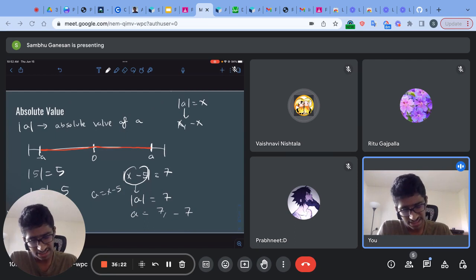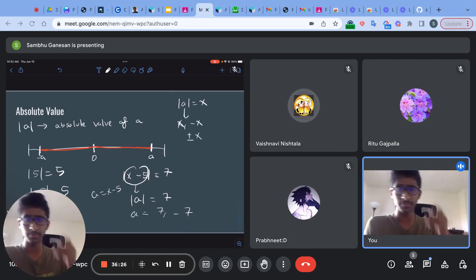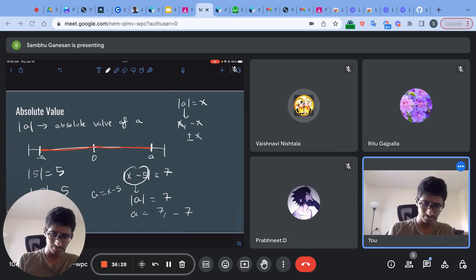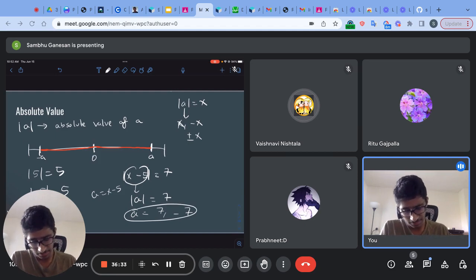Some people also write this as plus minus x. You should also know that: you can always have a plus or a minus for an absolute value. So you get a equal to 7 or negative 7. And you can substitute back a as x minus 5.